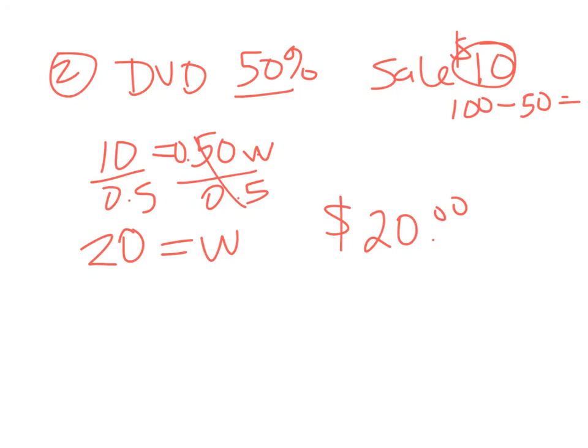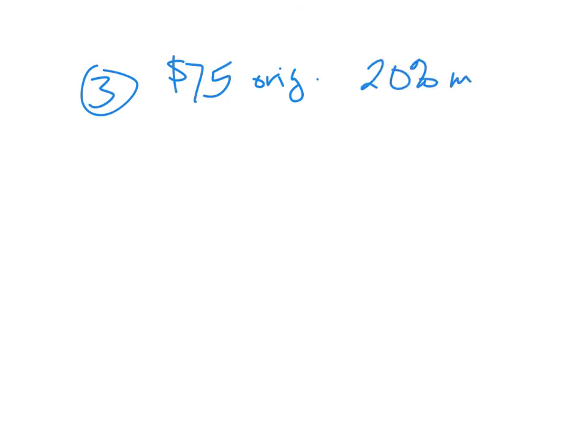All right, let's look at on your own number 3. A store pays $75 for the aquarium. So this is the original price. The markup is 20%. What is the selling price? So we're going to do 75 times 20%, which as a decimal would be 0.2.